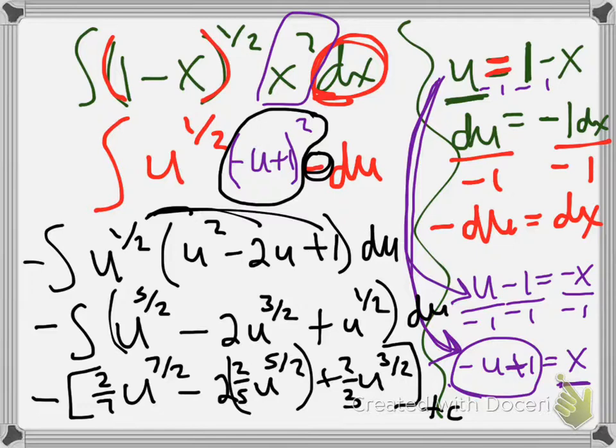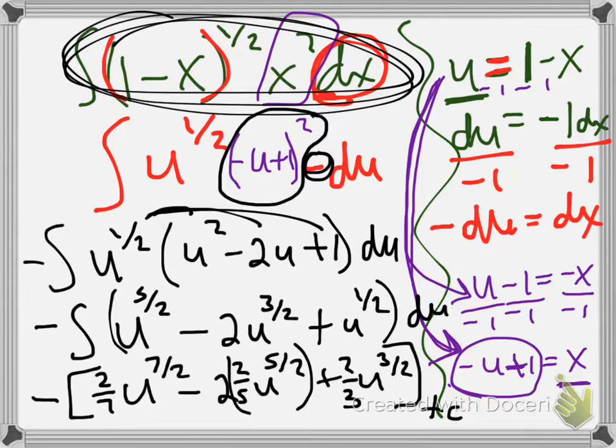Now, the problem is this is not the completion of my answer, because my answer started with x's, and now I have u's. But it's called u substitution for a reason. Don't we know what u equals? Doesn't u equal 1 minus x? Yes, it does. Aren't you thrilled?